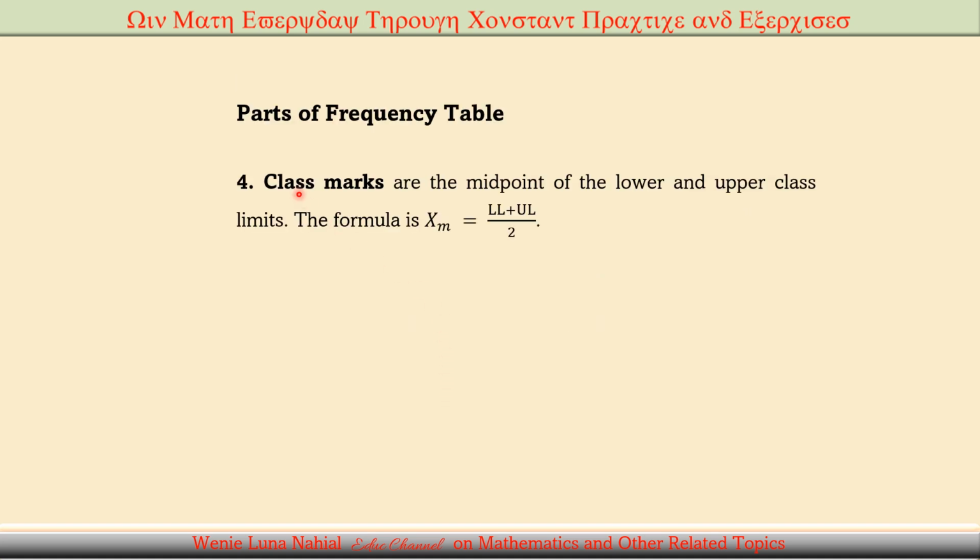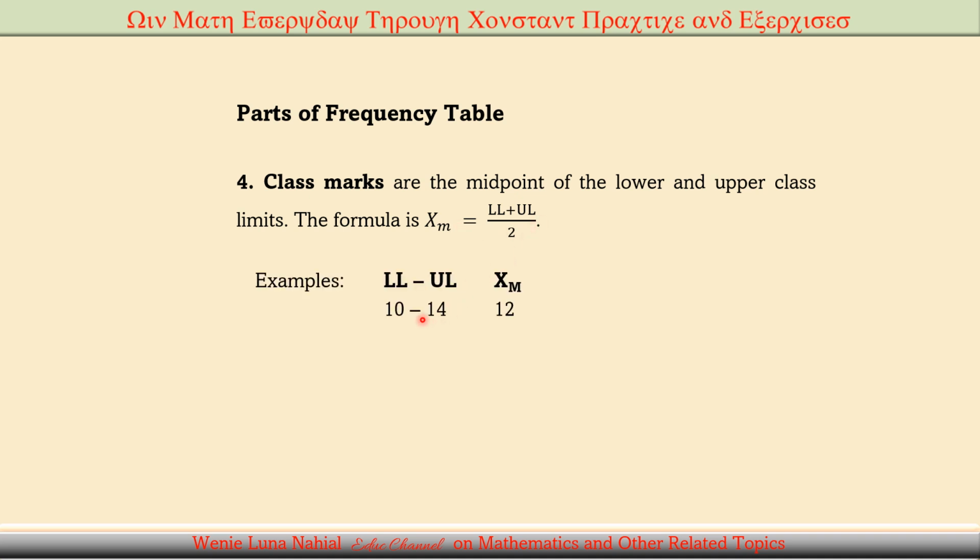Then we have the class marks. This is a part of the frequency table. Class marks are the midpoint of the lower and the upper class limits. So you have class mark represented by x sub m equals lower limit plus upper limit divided by 2.